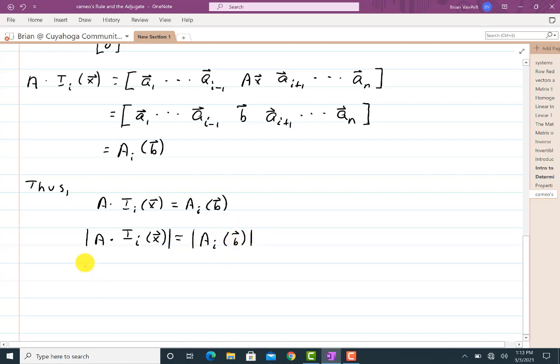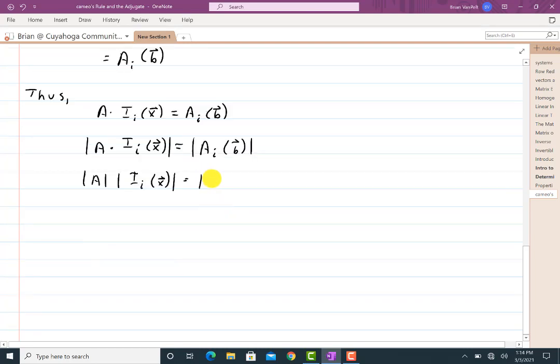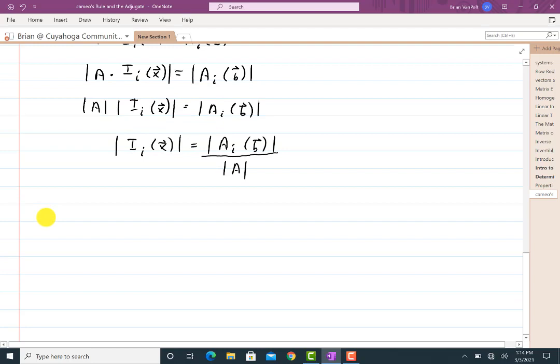On the left, I can break the determinant up as so. Then I can divide by the determinant of A since it's not 0. And finally, let's get a handle on what I sub i of x is.